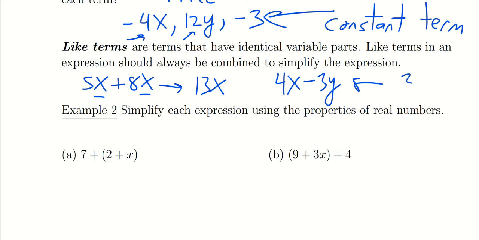Similarly, if I had something a little more in depth, like 3x squared plus 6x, even though both of them somewhat use the variable x, these 2 terms would be considered different because one is technically an x squared term, whereas the other is an x or an x to the first power term. So in order to be like, they have to have identical variable parts, meaning the variables have to be exactly the same, and in addition, the exponents would have to be exactly the same as well.